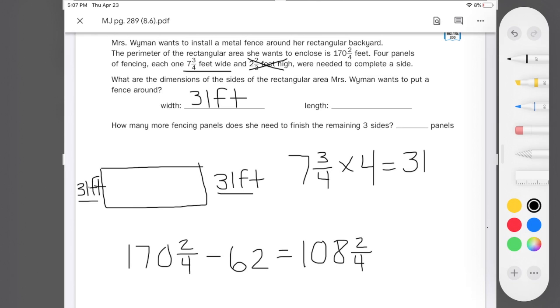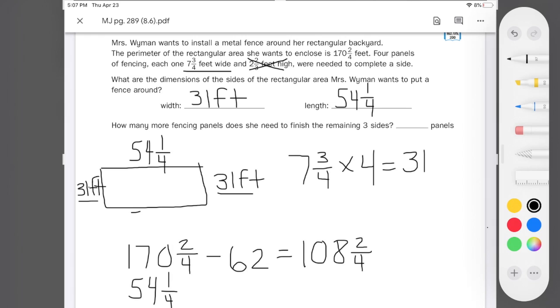For the sake of time, I'm just going to tell you the answer: half of 108 2/4 would be 54 1/4. Notice I took half of 108 and half of the fraction. So our total length would be 54 1/4.